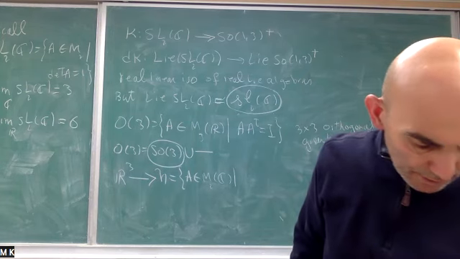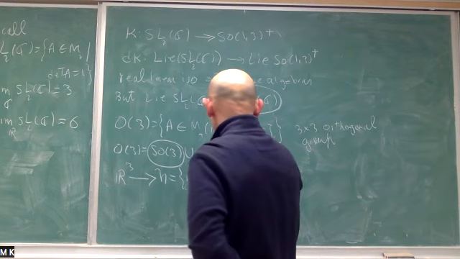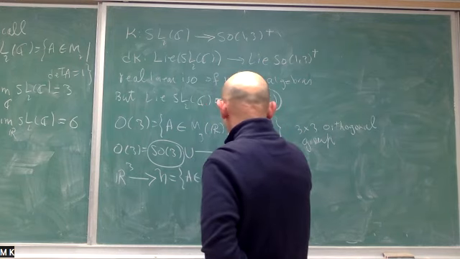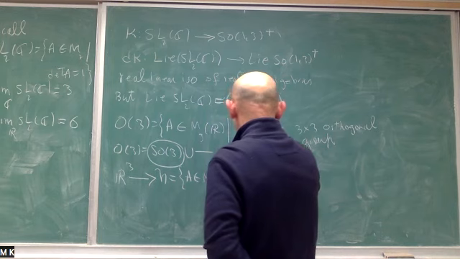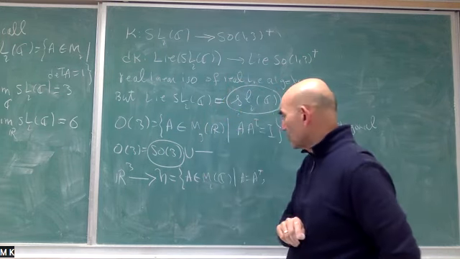So let's look at this space such that A is equal to A star, and the trace of A is equal to 0.